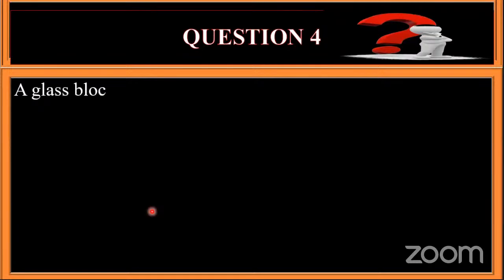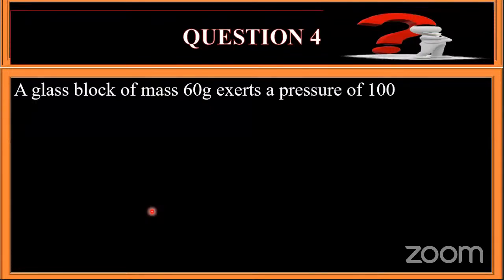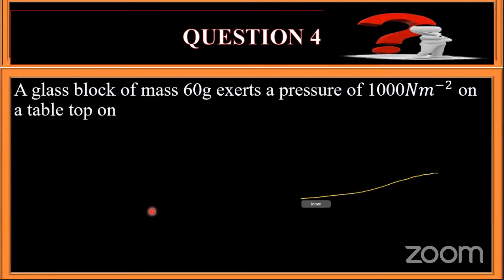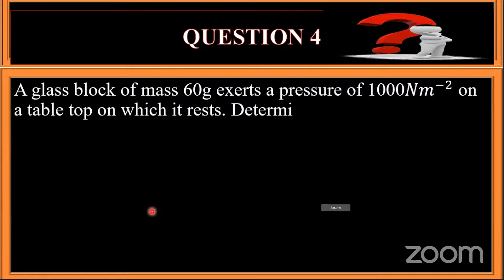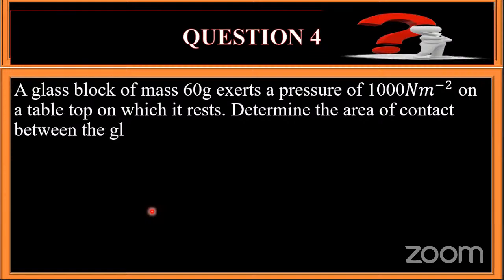A glass block of mass 60 grams exerts a pressure of 1,000 newtons per meter squared on a table on which it rests. Find the area of contact between the glass block and the table.